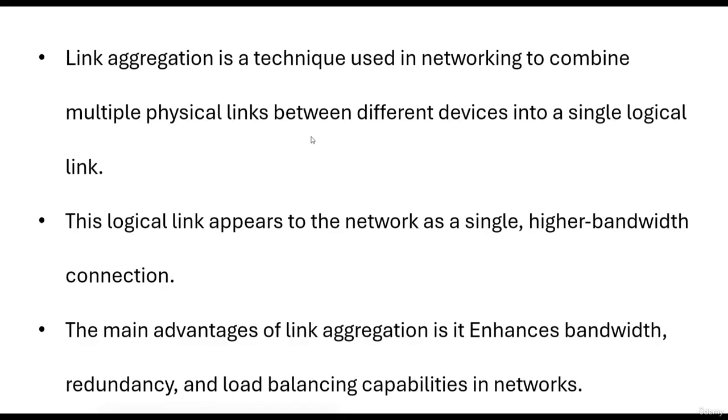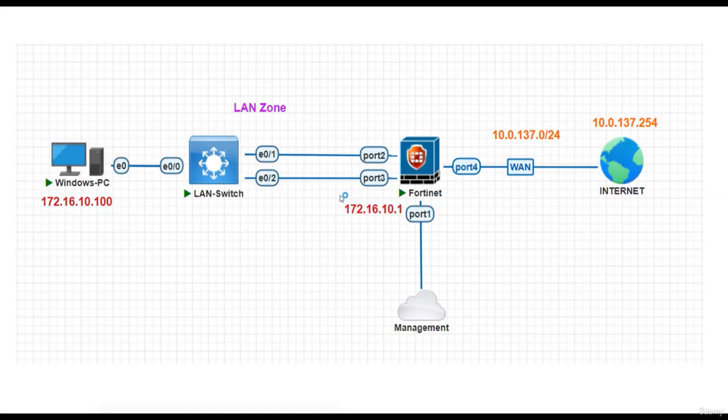So this is how your setup looks. Just consider that this is a LAN side and this is a WAN side, and you have two connections. In the previous video, when we were understanding the redundant link, I said you can club two links as a redundant link.